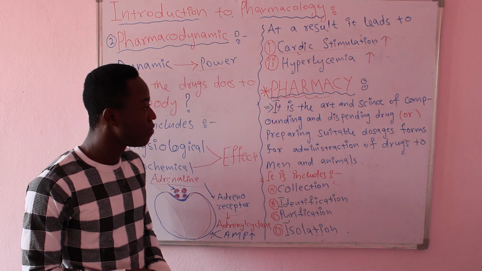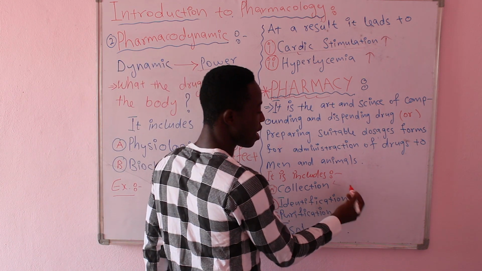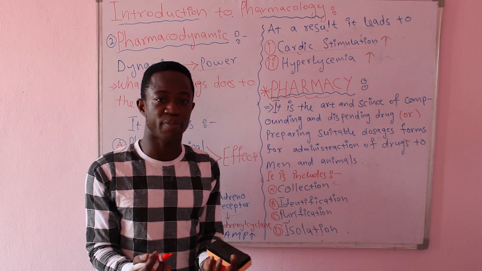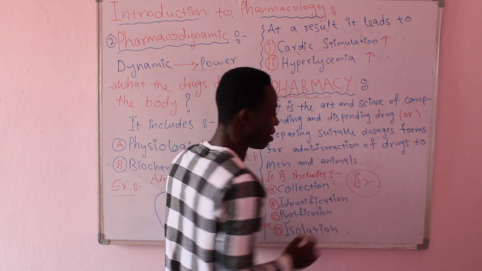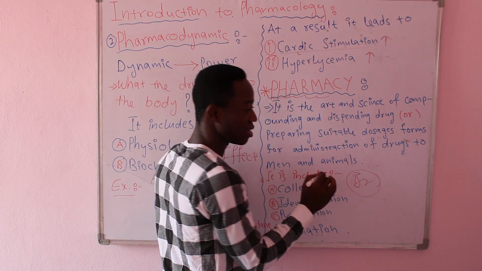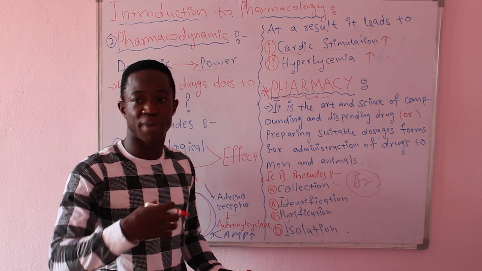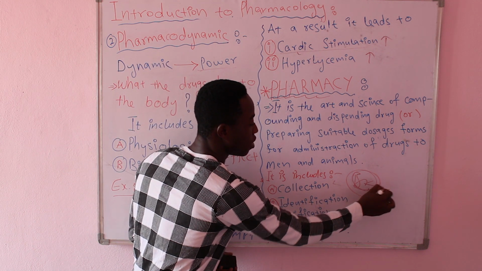Purification. Under the purification aspect, for example, if paracetamol is prepared, maybe you have a chemical like bromo as an unwanted byproduct. Extracting the byproduct, taking the chemical out of it, we call purification.